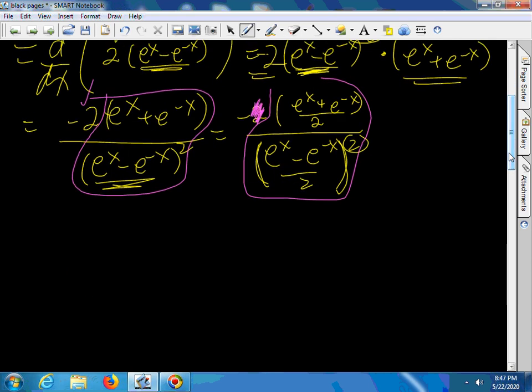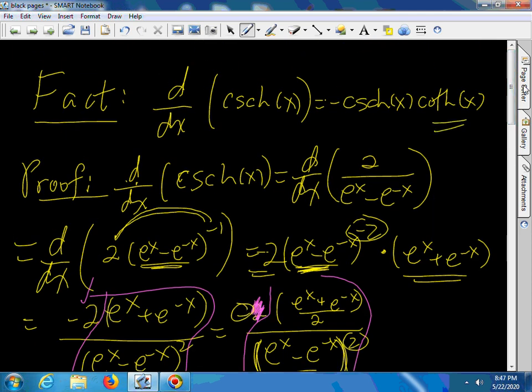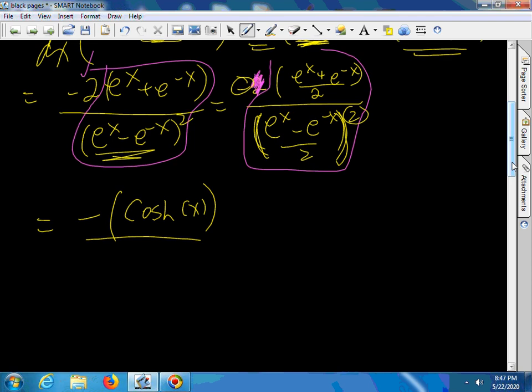So this is equal to, we have the negative sign. That numerator is hyperbolic cosine of x over, what's in the bracket is sinh of x. Now, I know that I want to get cotangent of x. So I'm only going to put one of the sinhs here, and I'll put the other one here.